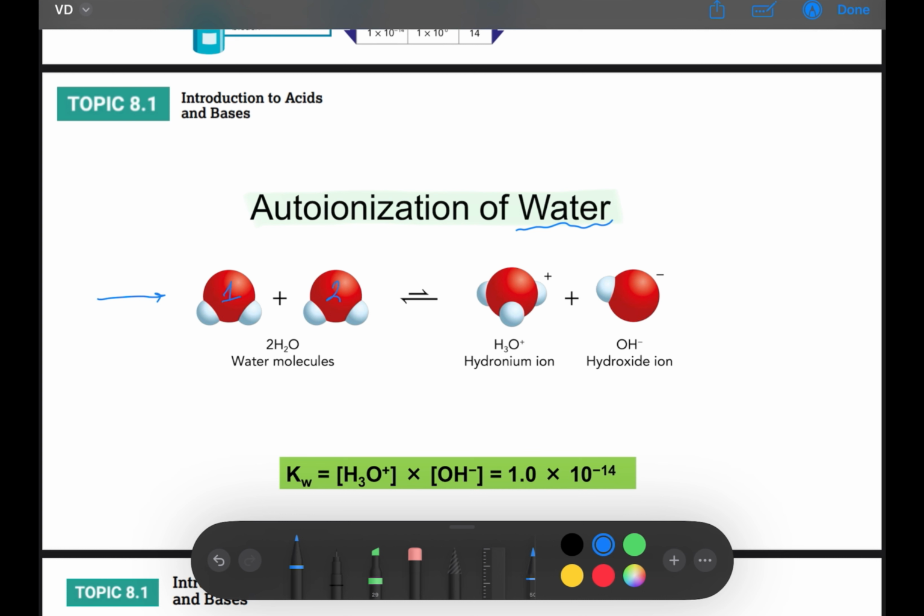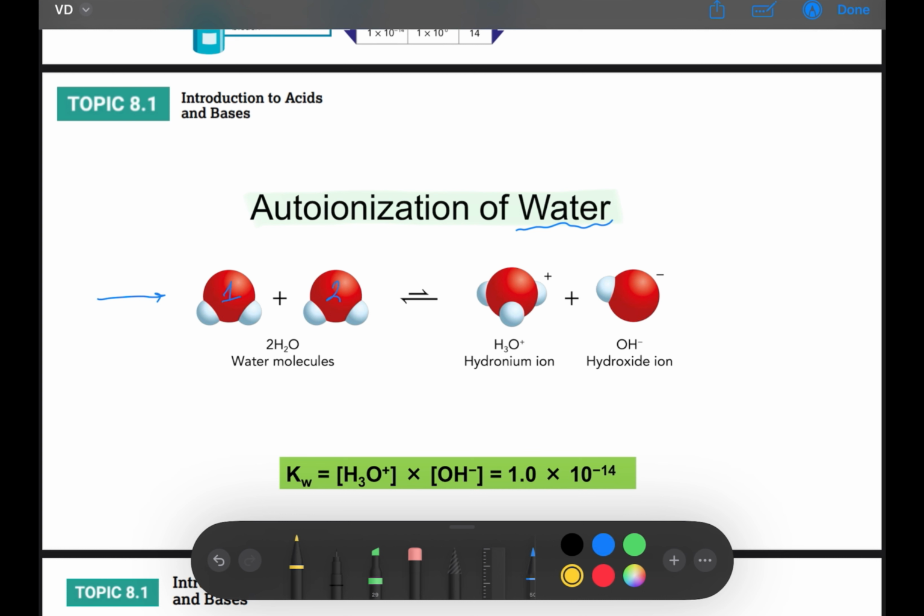You just notice that as a result of this dissociation, one of the hydrogens is moved to the other water molecule. As a result, two ions are produced by transferring the proton, which is H positive. So the water molecule that gained a proton becomes H3O plus. The one that lost a proton becomes OH negative.